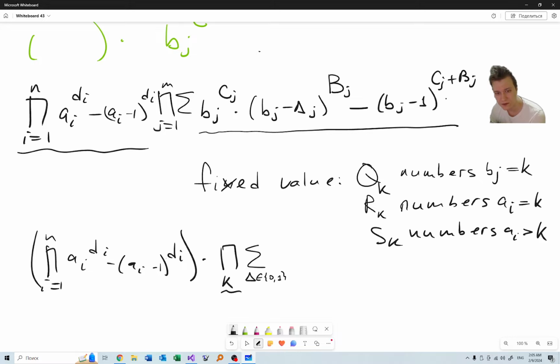afterwards I need to raise it to the power qk. So something to the power qk. What is to the power qk?